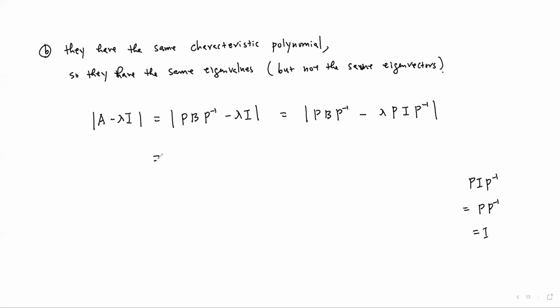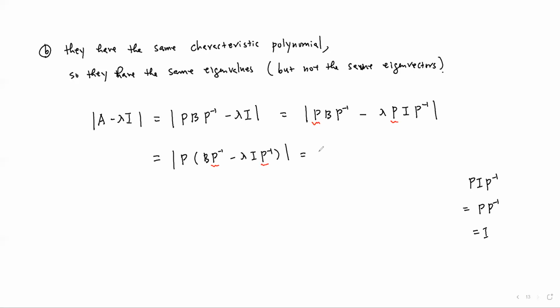Okay, now let me take out common factor. Remember, matrix multiplication is not commutative.